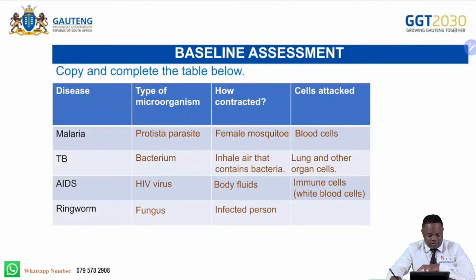So it's mainly due to contact with objects that have touched the infected individual. And what are the cells that are typically attacked? These are the skin cells, also nails. Now that being said, I'm just going to give you time to make your corrections. I'll give you 2 minutes to take down corrections. 2 minutes.